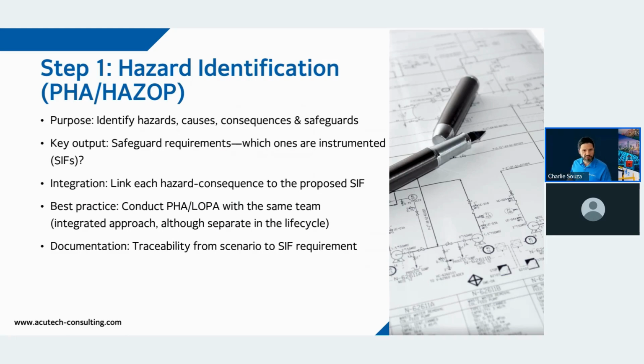So step one, we are very, very familiar with it, the hazard identification part of it, the PHA HAZOP. The concern, of course, like I said, is integration, is not only to have a functional safety person attending your HAZOP and LOPA, but also traceability of records of the risk reduction factor that you are required to have permeating throughout your functional safety life cycle as well.